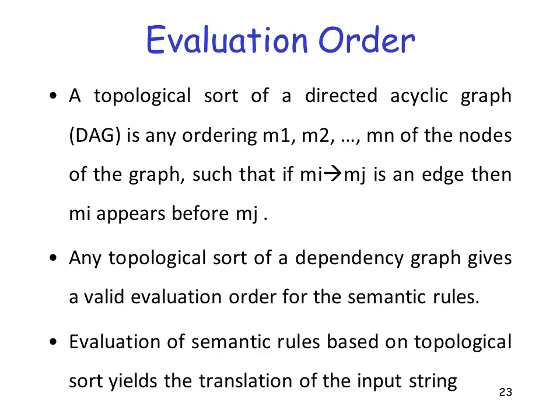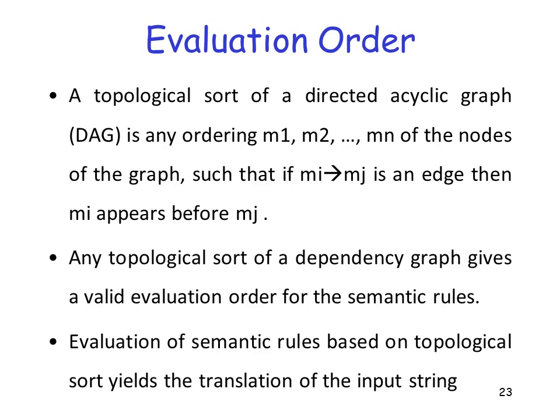Topological sort means any ordering m1, m2, etc., mn of the nodes of the graph, such that if mi gives mj is an edge, then mi appears before mj. That means the dependency should be considered before evaluating. The dependency graph is basically a directed acyclic graph, so it will be successful only if there are no cycles.